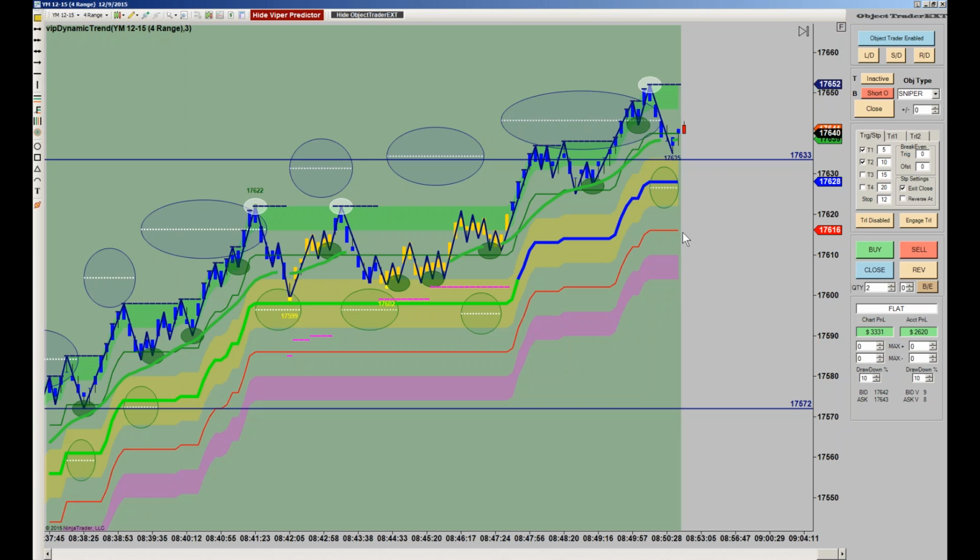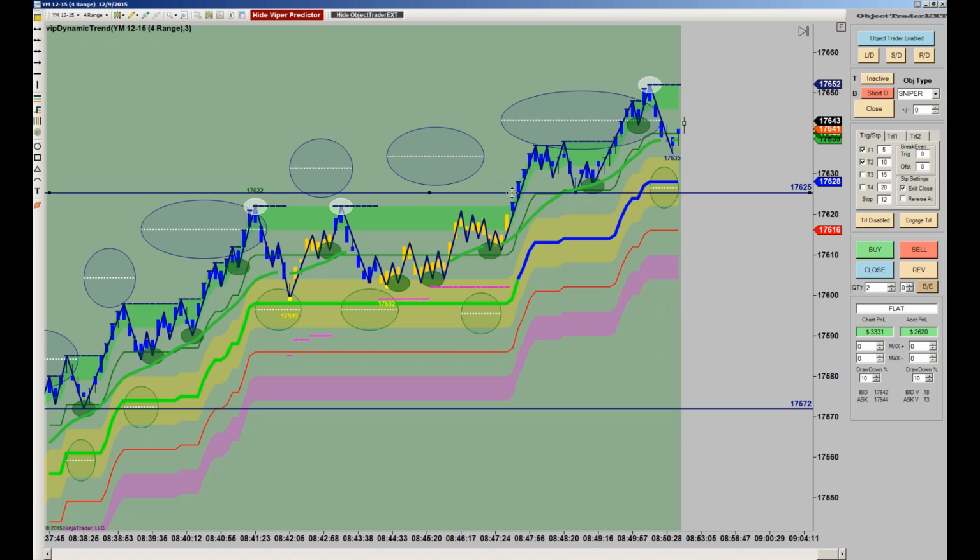Now, where has it not tested just yet? Let's look and see. Thrust, retrace. That one never came down to these areas right here. Okay, you had a big thrust, retrace, thrust. So this is your swing here, right? Your larger swing, now not medium swing, so to speak, but maybe like a secondary swing.